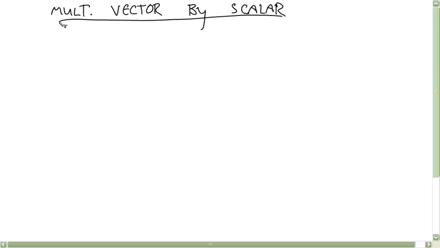Once you have your vectors as components, there are a few calculations that we're going to want to do over and over again. To multiply a vector by a scalar, say that C is a scalar and your vector is x, y, z. You just multiply each of the components by C. So you get Cx, Cy, Cz.